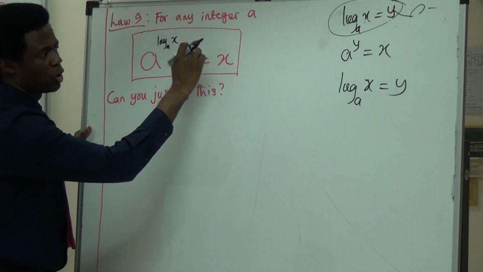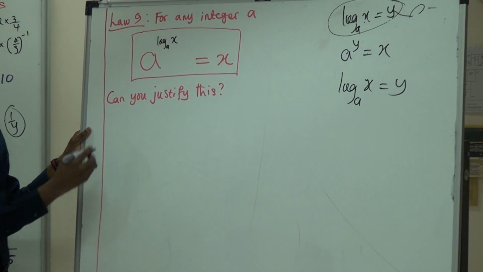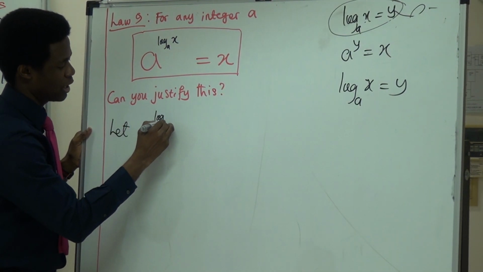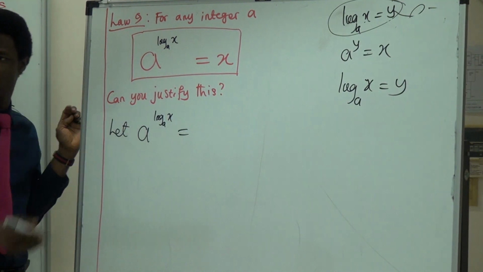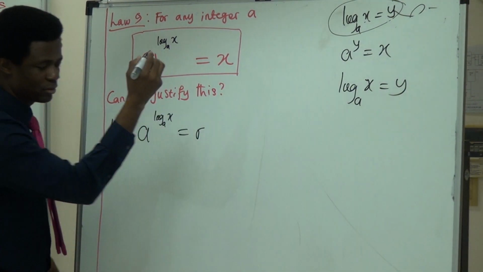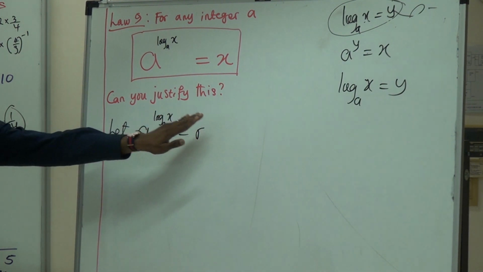Why don't we pretend we don't know what this is? Let's take a to the power log base a of x, and introduce a new variable, let's say r. I don't want to use something too common, so we don't mix it up. Let's say whatever we get is r.